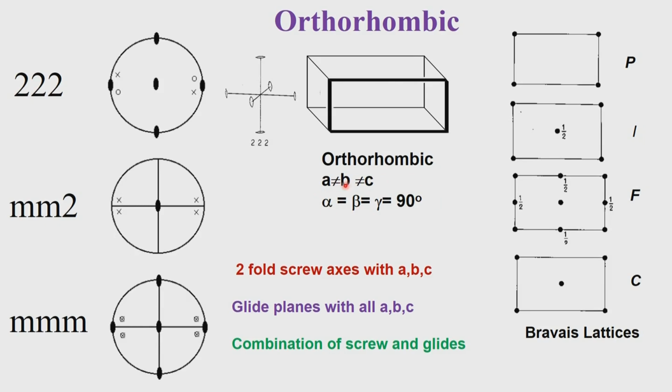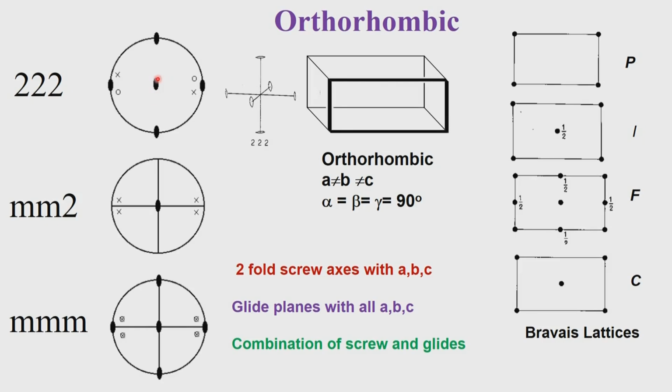So, a not equal to b not equal to c, with alpha, beta, gamma equal to 90 degrees, defines the so-called orthorhombic system. The way in which these 3 2-fold axes are disposed with respect to each other is illustrated here. As you can see, this is the intersection point. So, you have one along the x direction, one along the y direction, and one along the z direction.